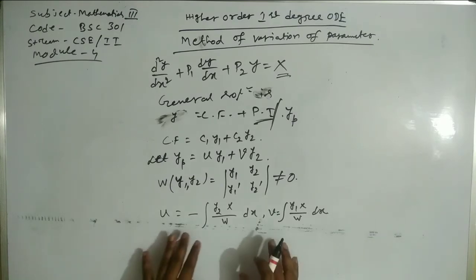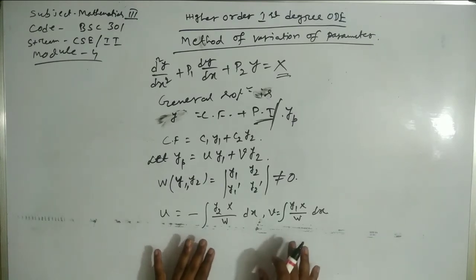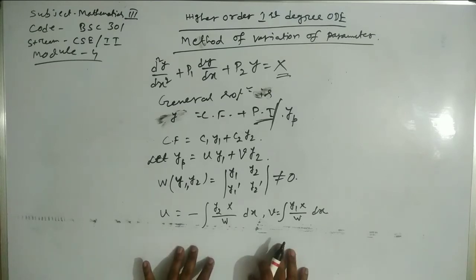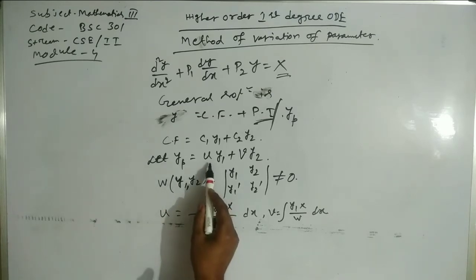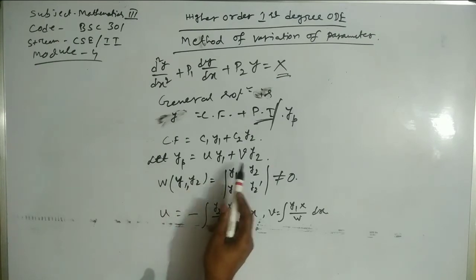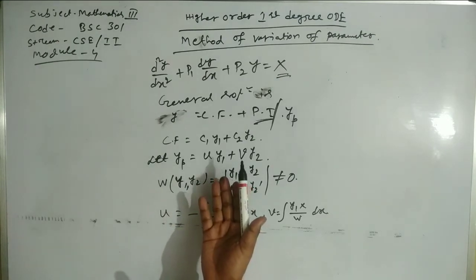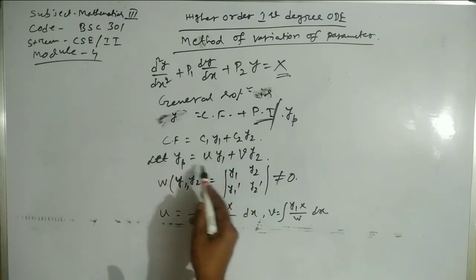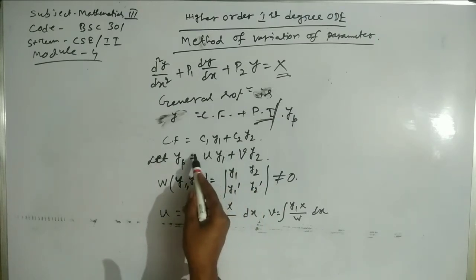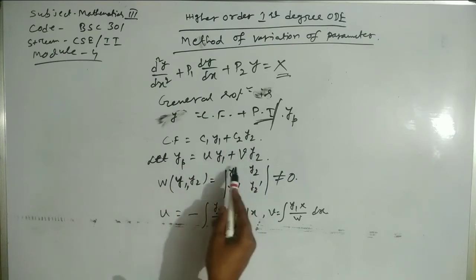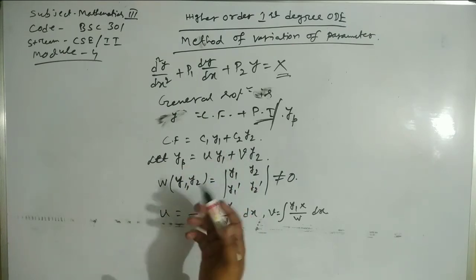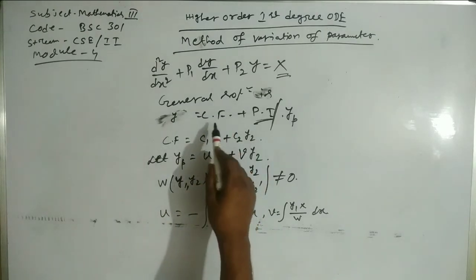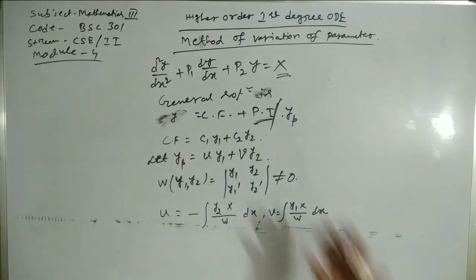After integration, we get u and v. Then we put the values of u and v, and we already know y1 and y2 from the CF, so we get the particular integral, yp. Then we can write the general solution, which is the sum of the complementary function and the particular integral. This is the whole procedure of the method of variation of parameter. Now I will show you some examples.